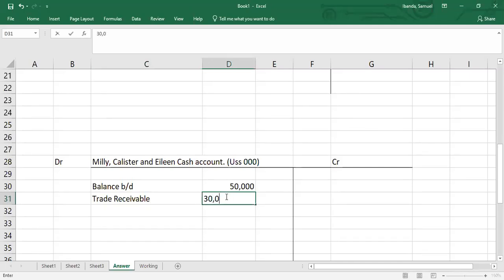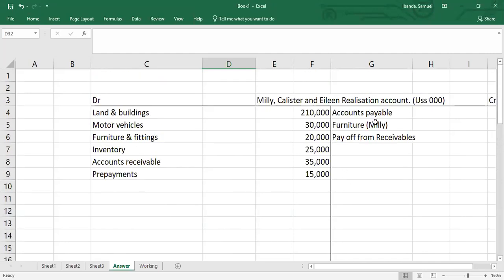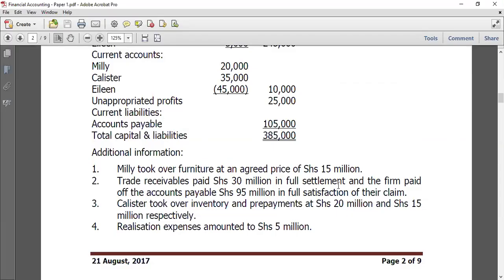Okay. Now, as you can see, we're no longer looking at the receivables account directly, but rather we are now working within the realization because we already moved the accounts receivable to this account. Of course, the whole end goal is to determine whether we have a profit or loss on realization. And then they're also telling us that accounts payables were paid 95 million in full satisfaction.